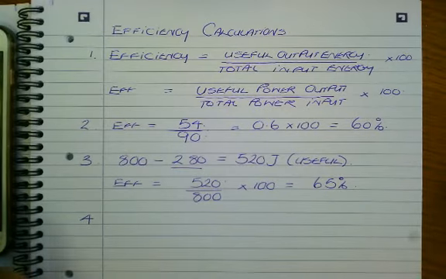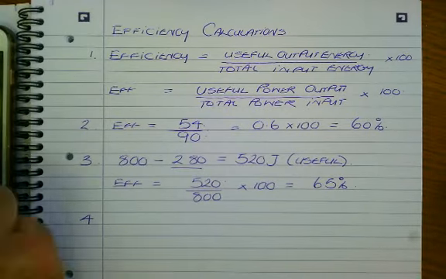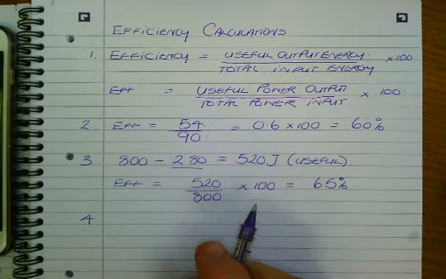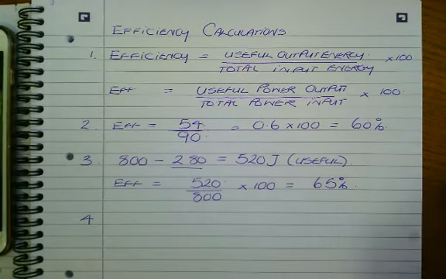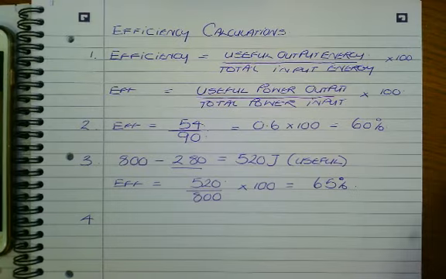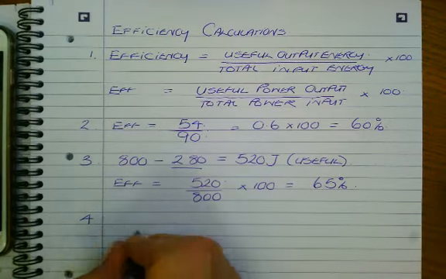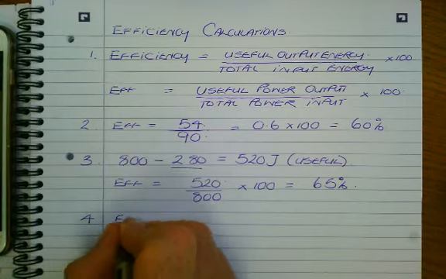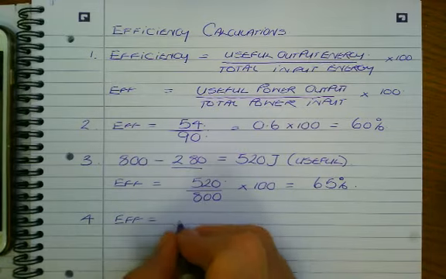Question 4. Work out the efficiency of the following device as a percentage. A device where the total power in is 36 watts and the useful power out is 12.6. So this is using power this time, so it's the same thing.